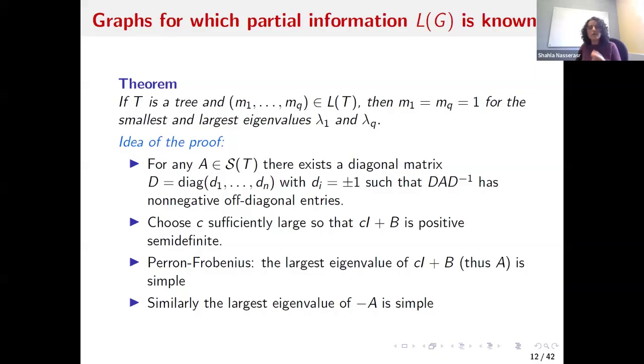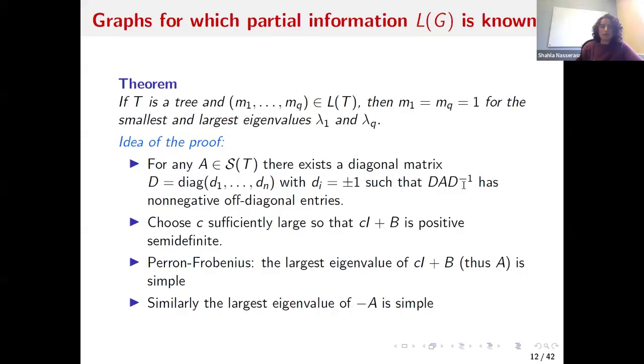It just uses the fact that because this is a tree, we can take a diagonal matrix D with diagonal entries d1 to dn being either 1 or minus 1, and construct the matrix DAD inverse so that its off-diagonal entries are all non-negative. And now, because of the freedom of the diagonal entries, we can also shift them so that they become non-negative, or positive even.